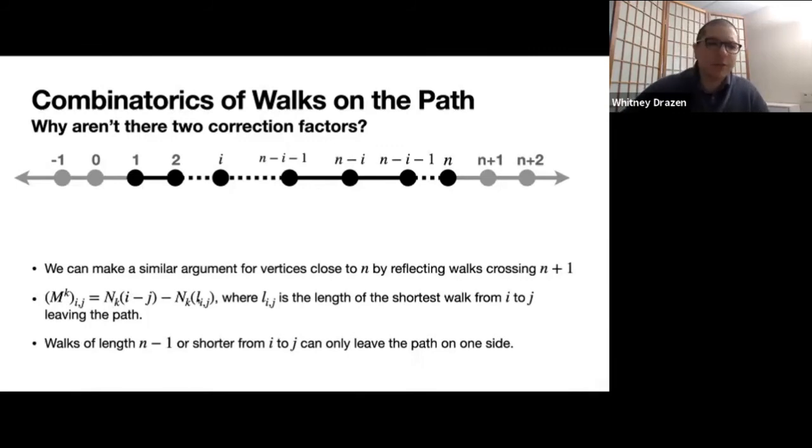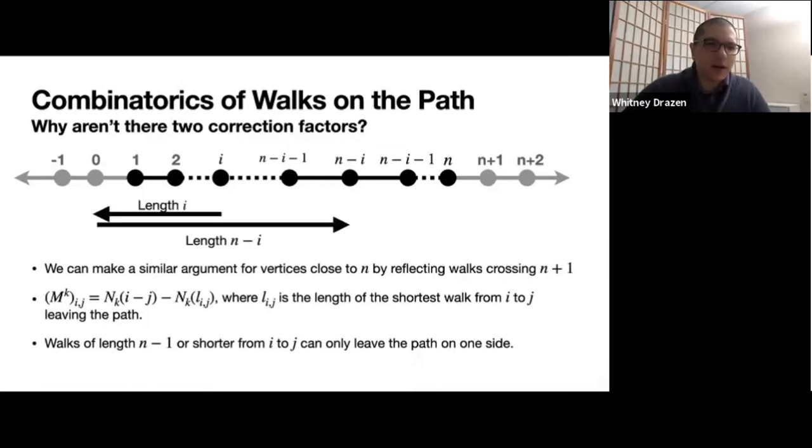It turns out that's enough to get the ijth entries for k up to n minus 1. That's because walks of length n minus 1 or shorter from i to j can only leave the path on one side.